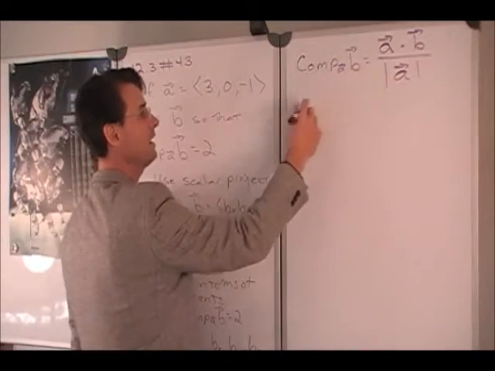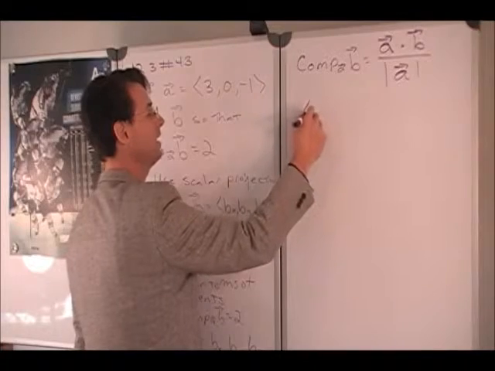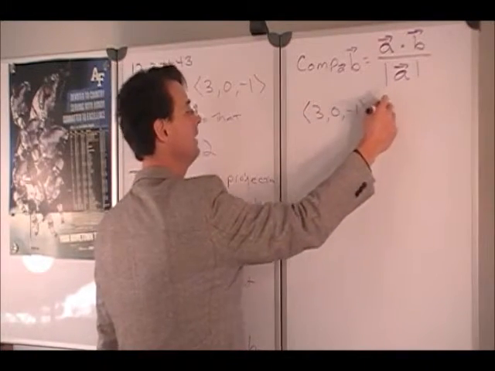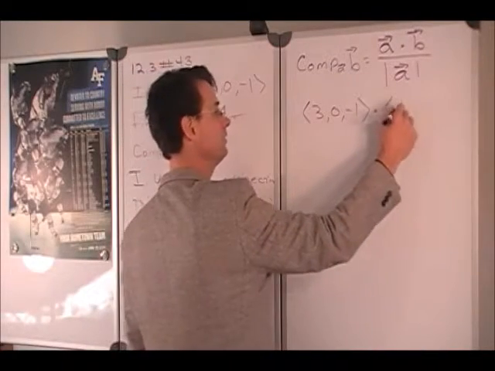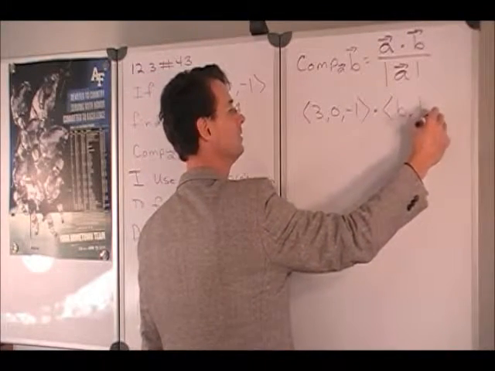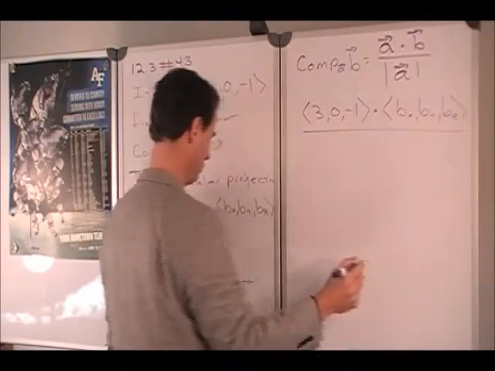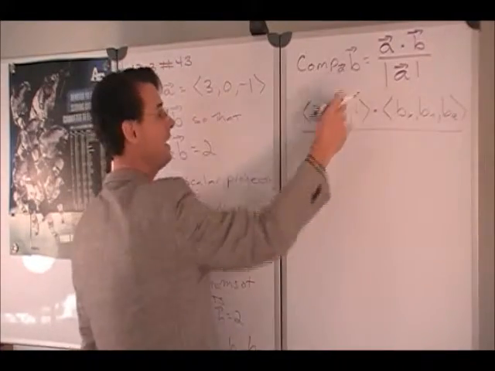Well, let's go ahead and substitute in our A, our 3, 0, negative 1, and then B is our unknown vector, over the magnitude of A.